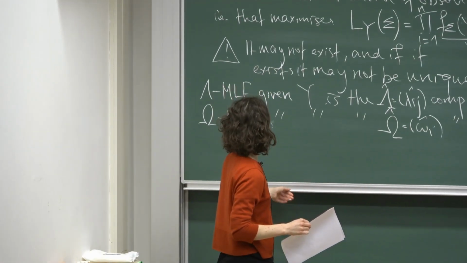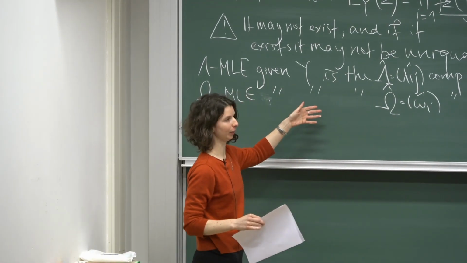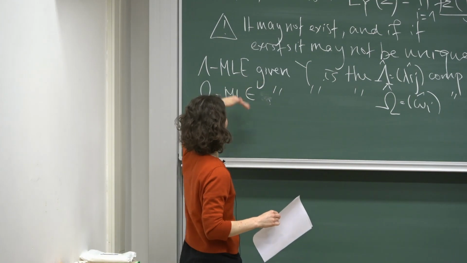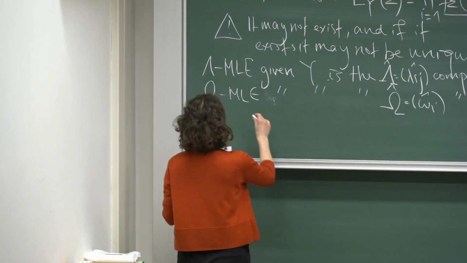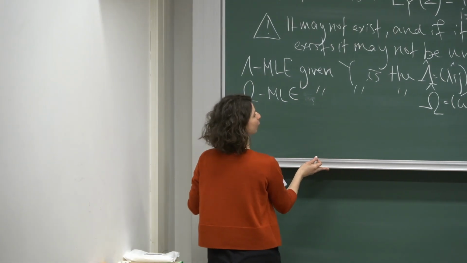I'll give you a formula for these, from which it will be clear which of the two may or may not exist and which may or may not be unique. So maybe I'll do this on another board.